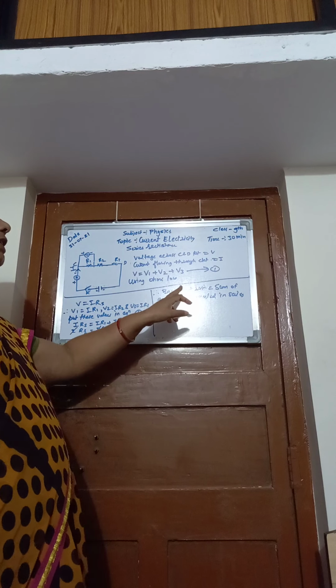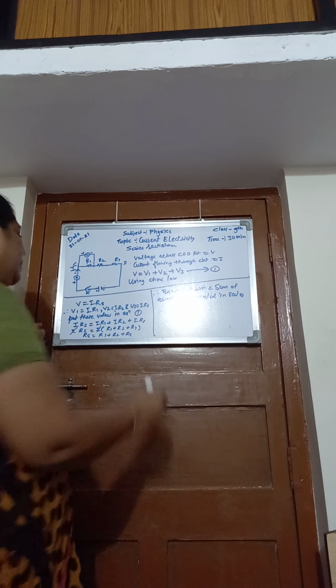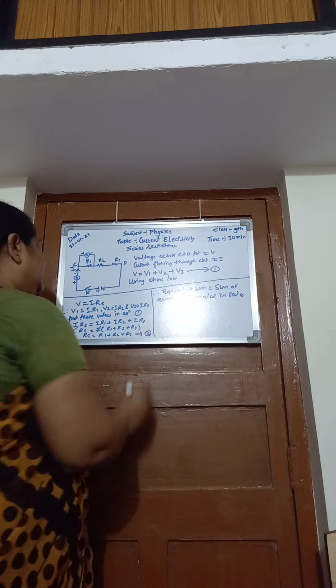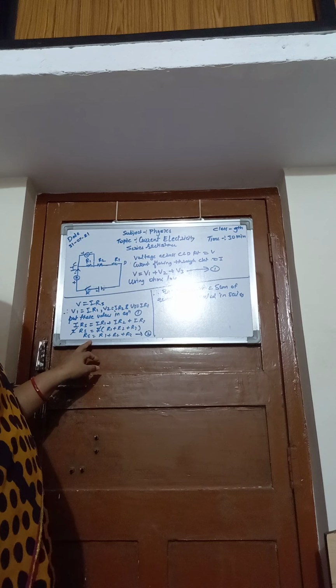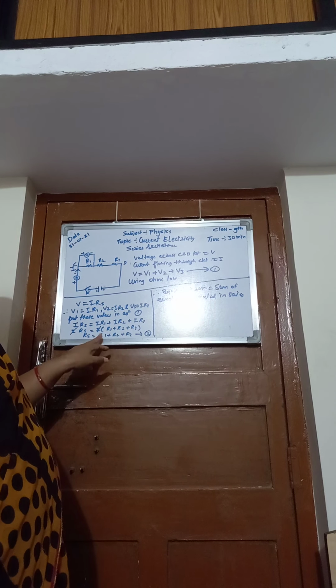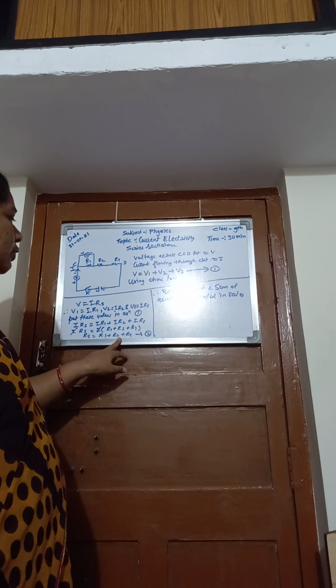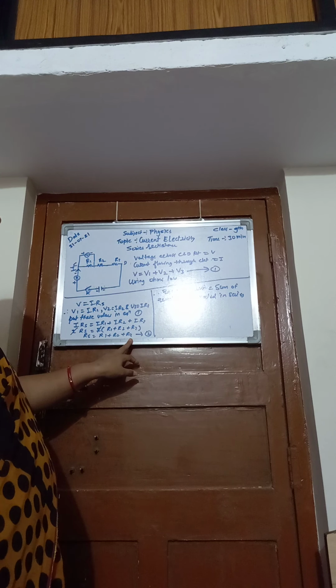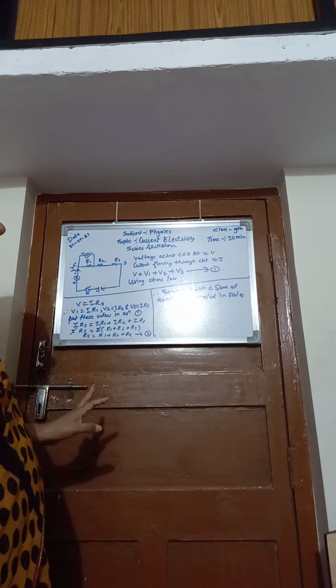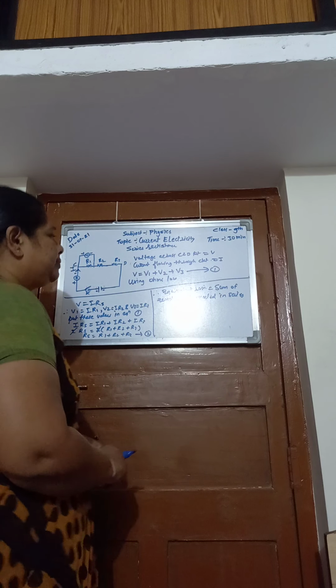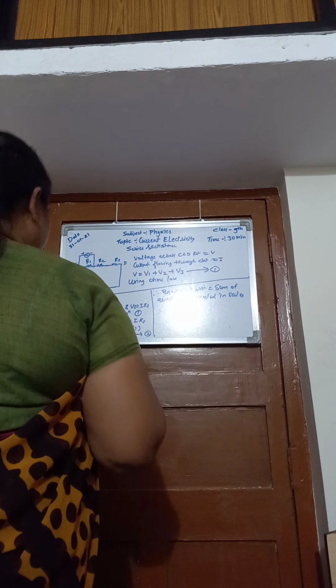This is equation 2, the main formula: RS is equal to R1 plus R2 plus R3 when these resistances are connected in series. Okay, I have to explain some problems based on this.